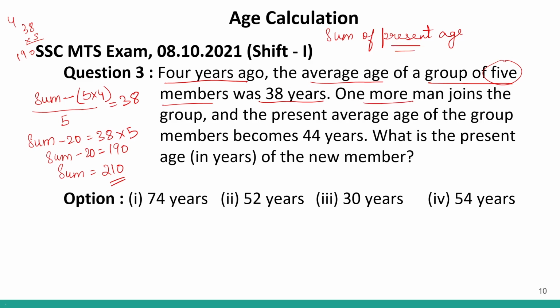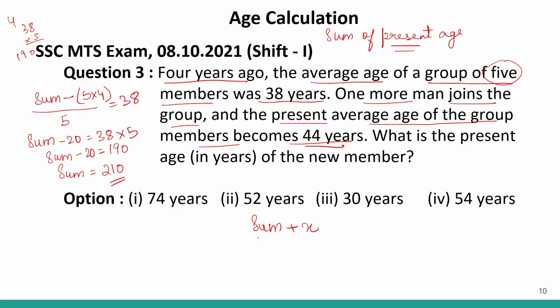Now, one more man joins the group and the present average age of the group members becomes 44 years. So, one more. Currently we have the sum. Now, this person that has come will also be of a certain age x.